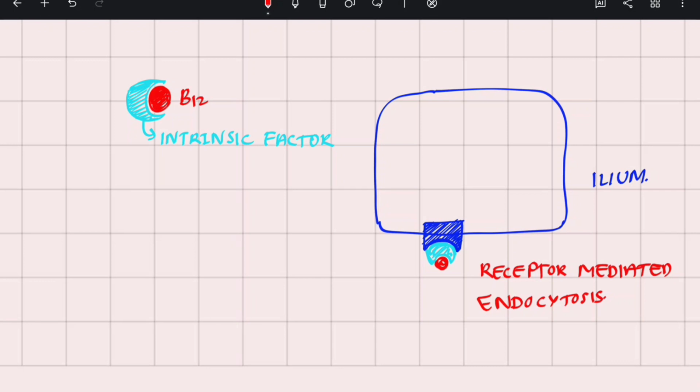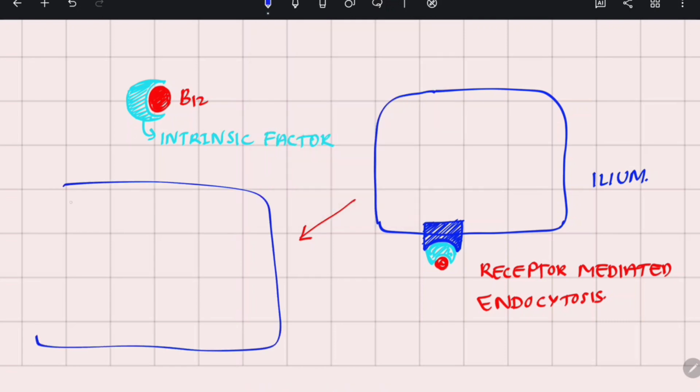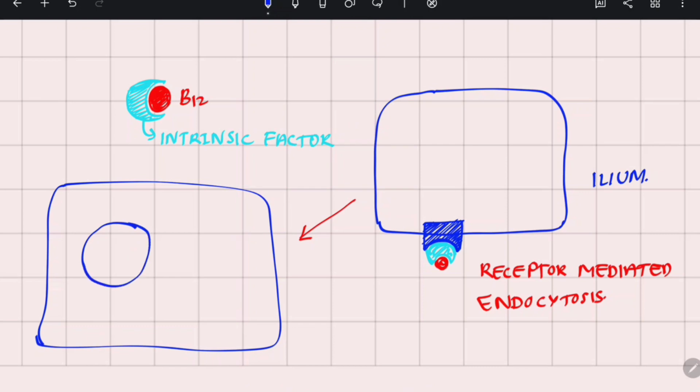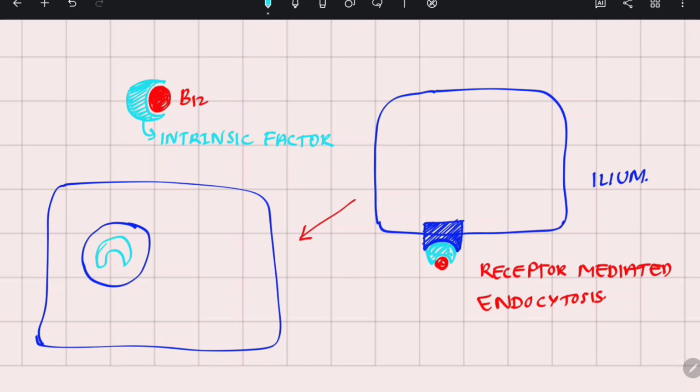So this is the receptor mediated endocytosis, through which B12 will get inside this cell. There will be a vesicle, and there will be our intrinsic factor and our B12.